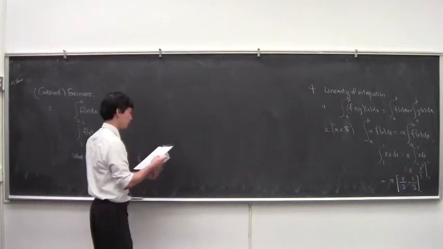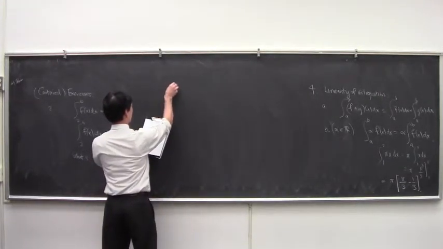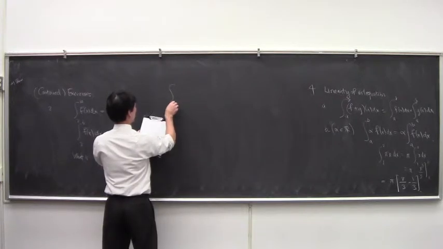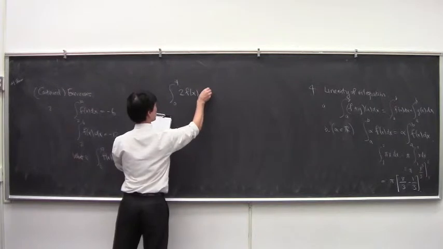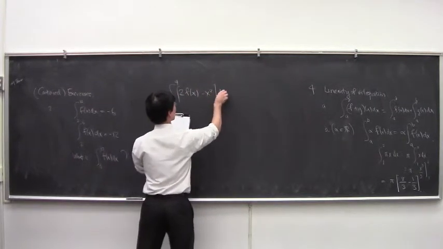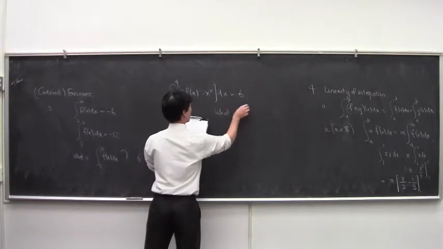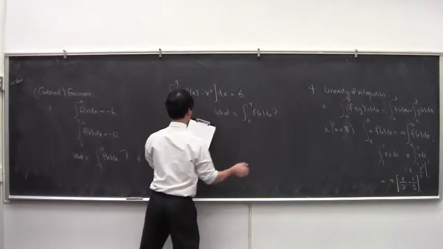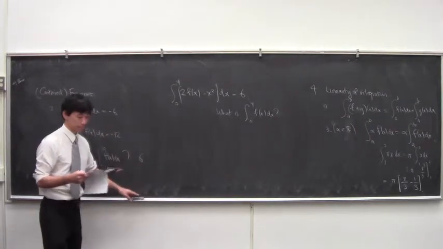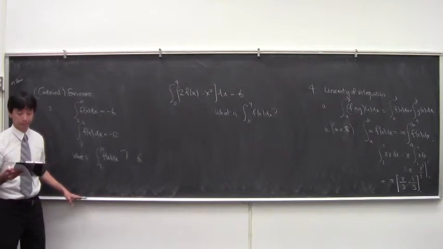Let's see, maybe a more sophisticated one. The integral from 0 to 4 of twice f of x minus x squared dx equals 6. What is the integral from 0 to 4 of f? Okay, take 1 minute and see if you can do it.